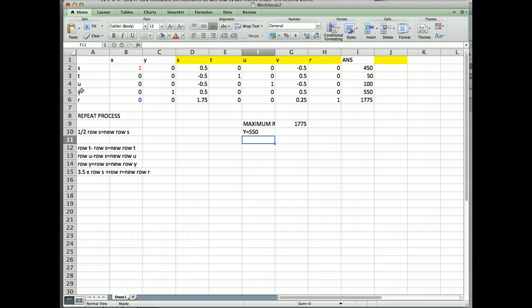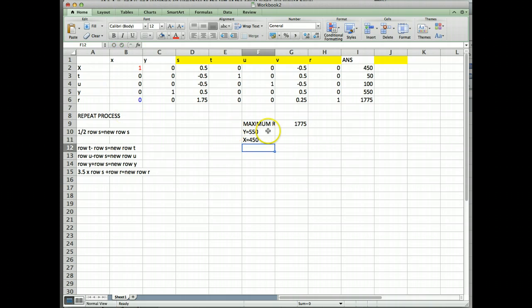And also we have to change this. You notice that S is no longer what we call a basic variable, but X is our new basic variable there. And X is equal to 450.